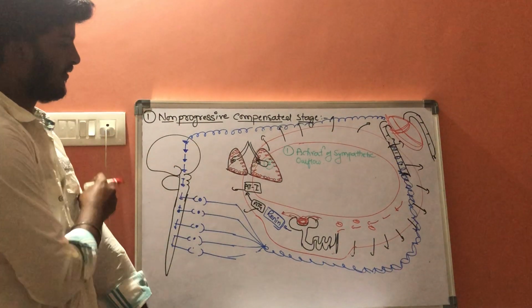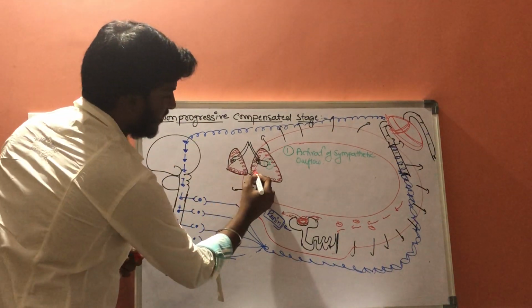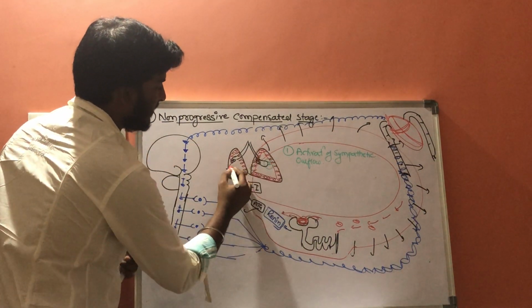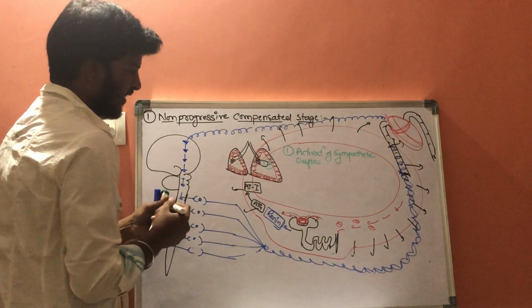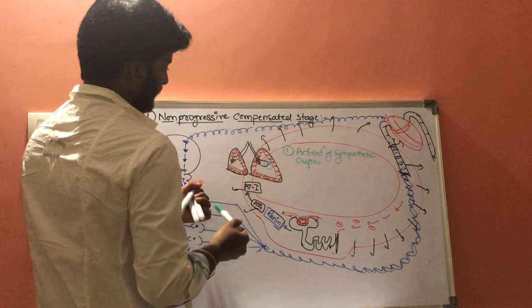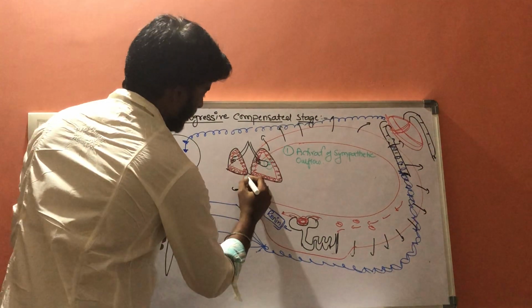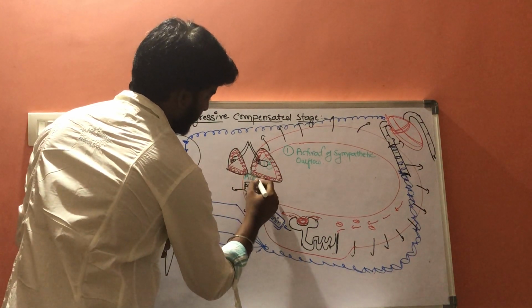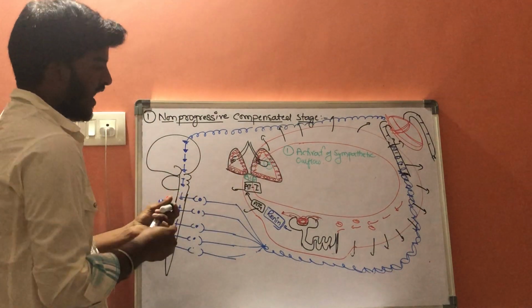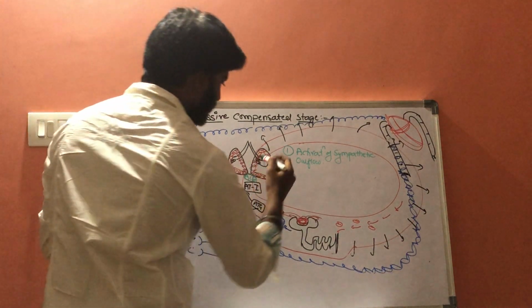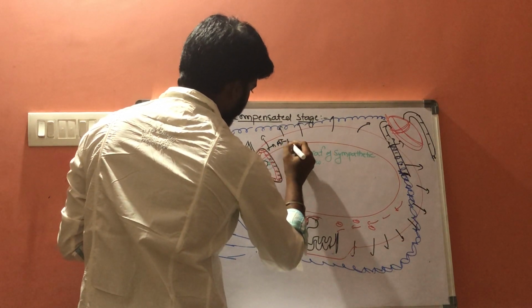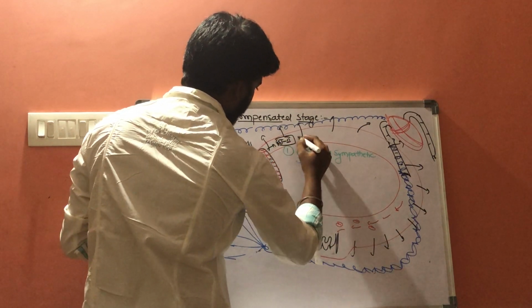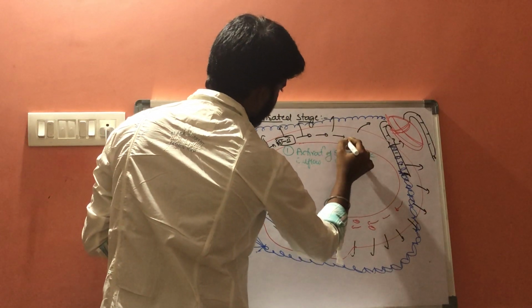At these endothelial cells of the lungs, there is a special enzyme called angiotensin converting enzyme, that is ACE, which converts angiotensin 1 into angiotensin 2. Now this angiotensin 2 will be moved in this way.